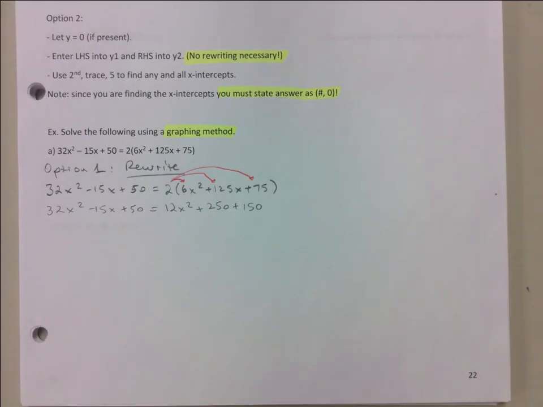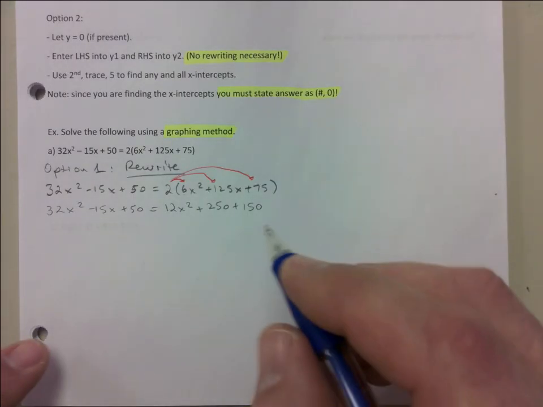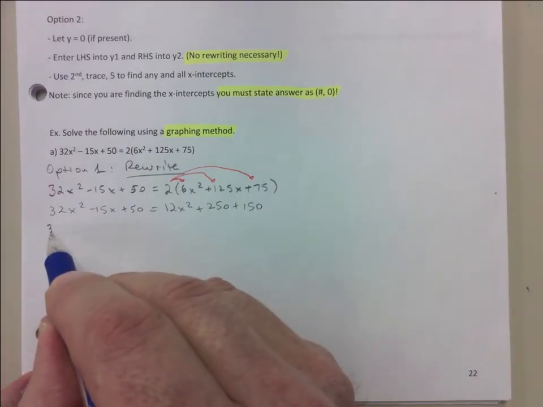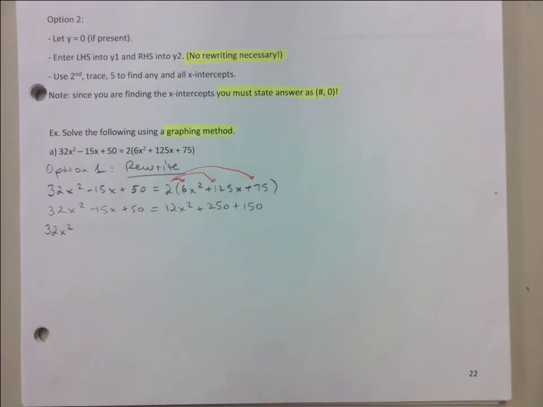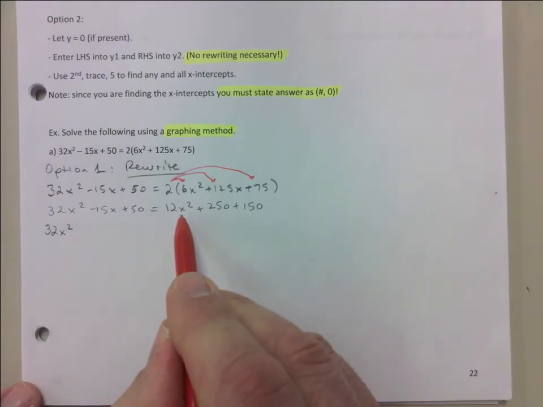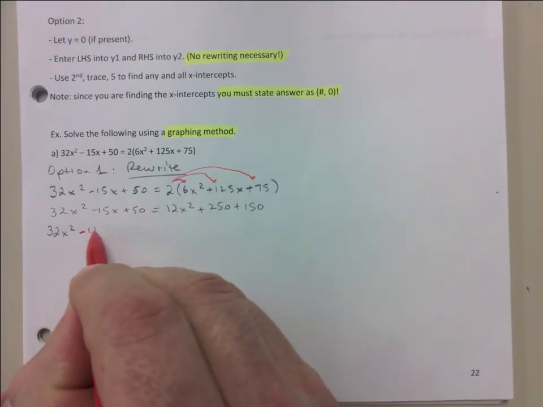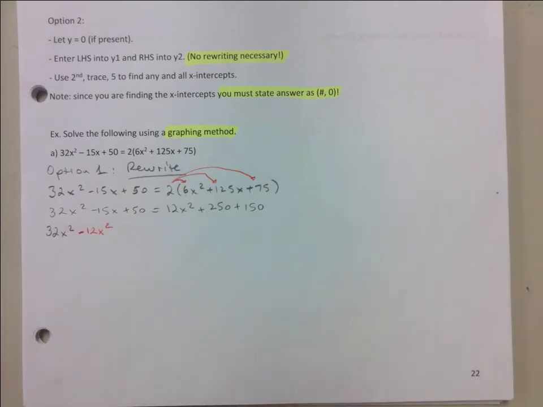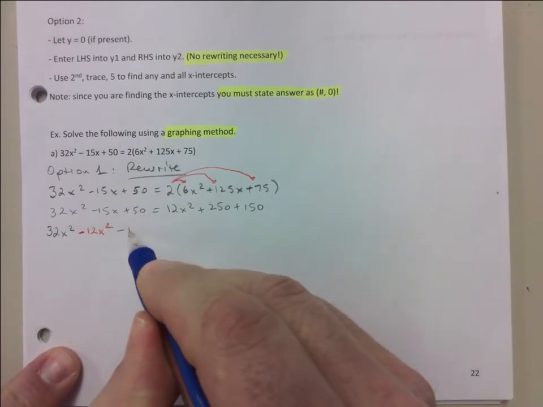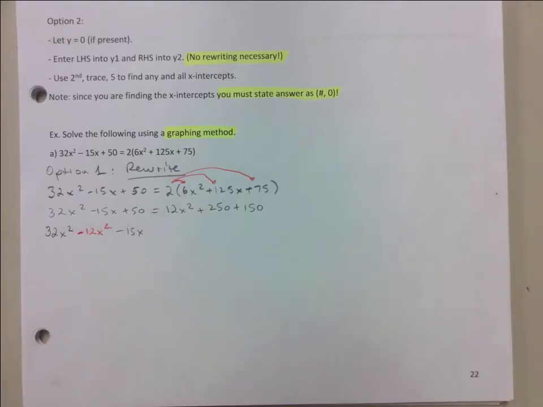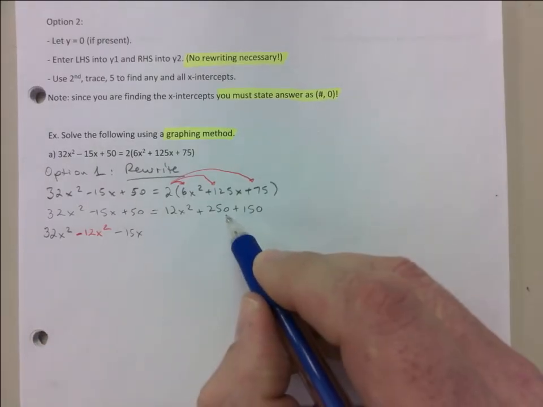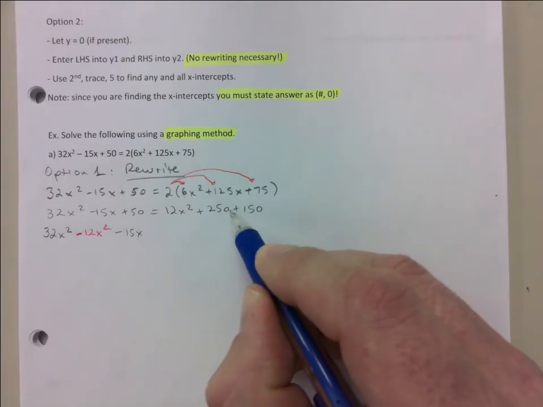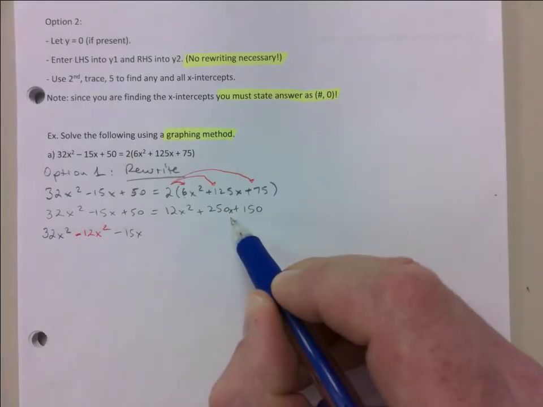And now I will choose to bring everything over to this side. So 32x squared is going to be followed by the 12x squared, which is now negative. Then the 15x, oh, I forgot the x here next to the 250, folks. It's supposed to be an x right there.